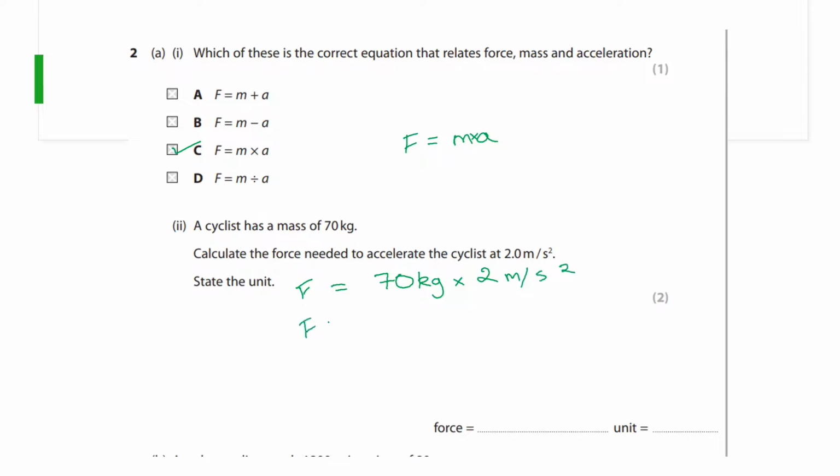So F equals 70 times 2. 140, and it's newtons, capital N. 140 newtons.